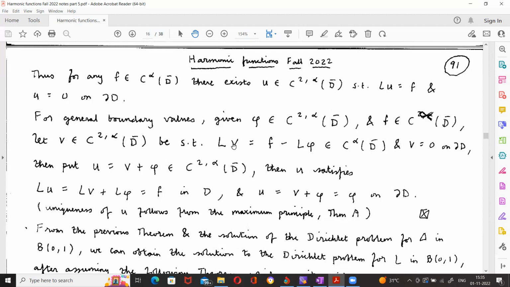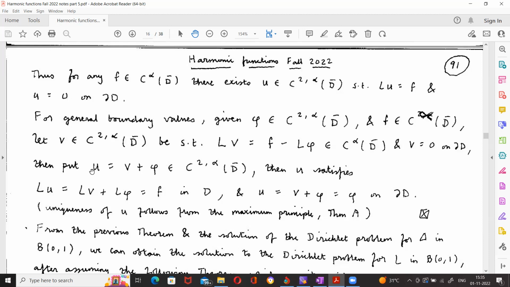If we want to solve LV equal to this, we need this F minus L phi to be in C alpha, right? So that means that L phi should be in C alpha, which means phi should be in C2 alpha, right? Yes. Okay. So to do this, we need phi to be in C2 alpha.